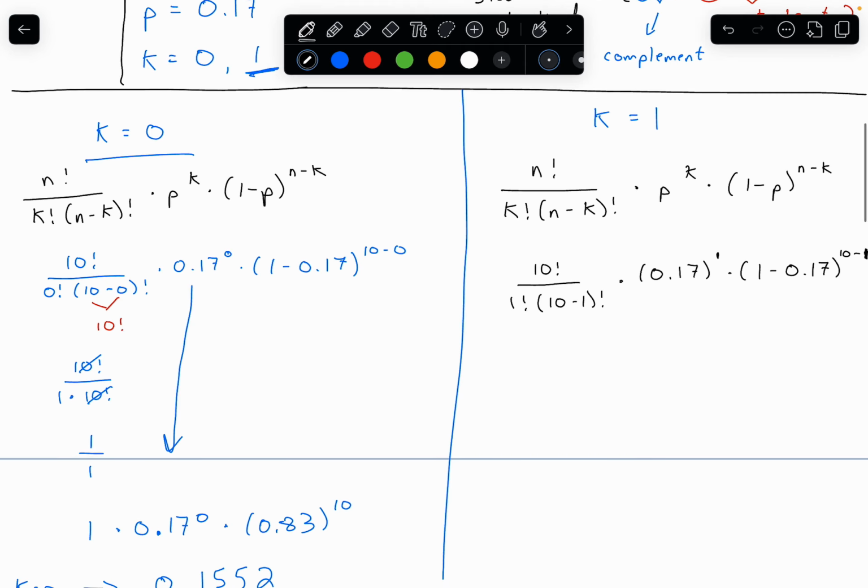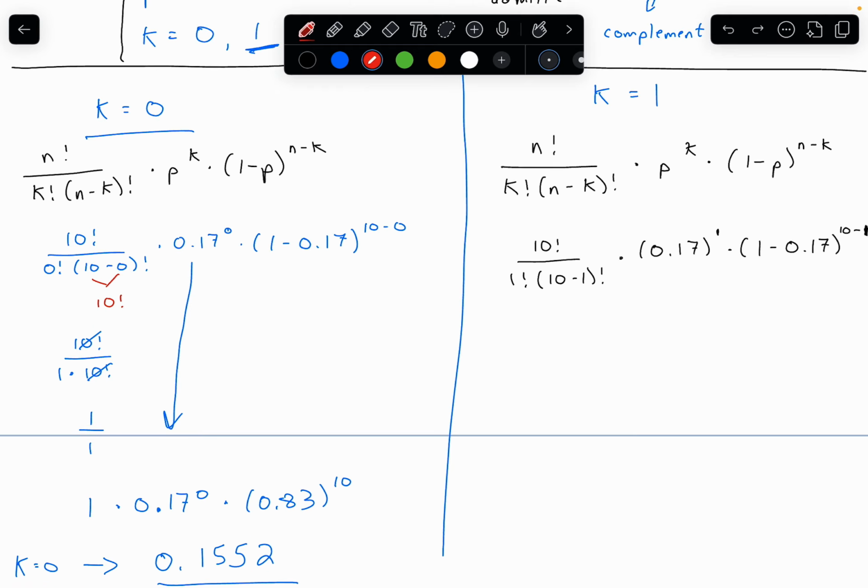Again, I'm spending most of my time with this choose function right now. 10 minus 1, that's 9 factorial. This is the number that I'm going to try and cancel. I want to make sure that I write out 10 factorial to at least 9. So 10 factorial is going to be 10 times 9 times 8 times, and so on, down to 3 times 2 times 1. 1 factorial is just 1.